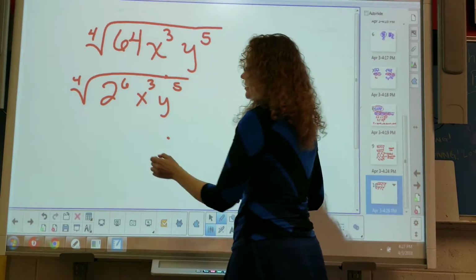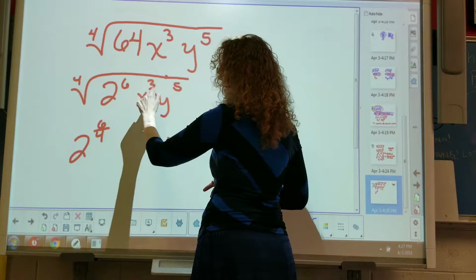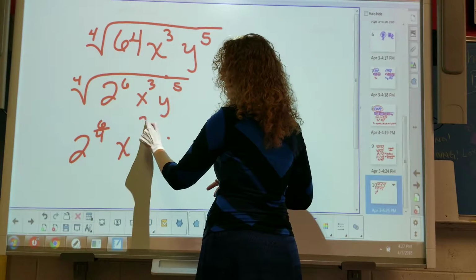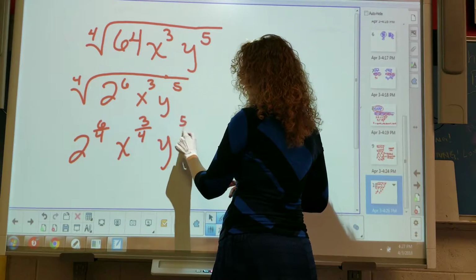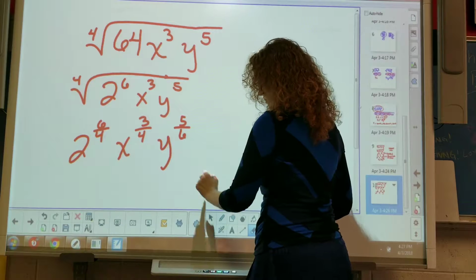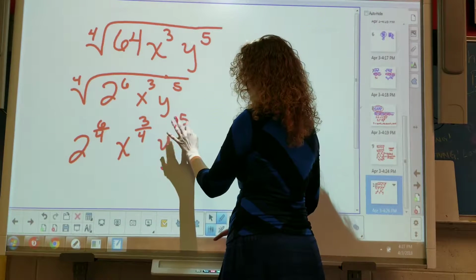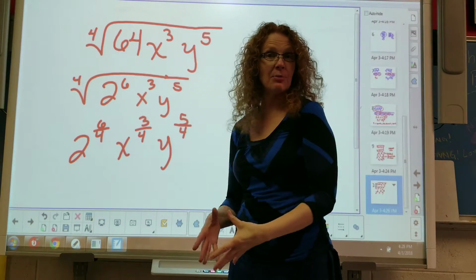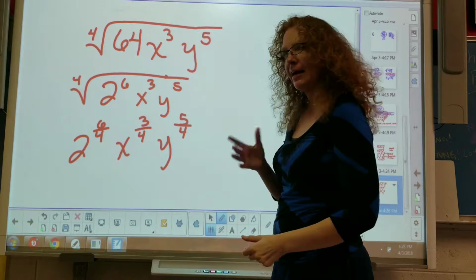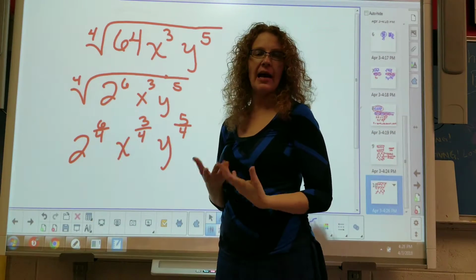Exponent over index. Now this, whoops, is where your middle school math comes into play. You have to think. 4 goes into 6 how many times?